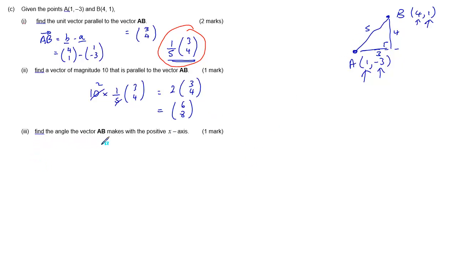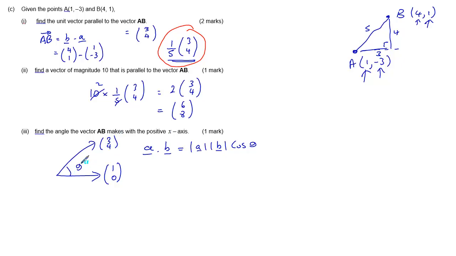Find the angle the vector AB makes with the positive x-axis. Remember, the x-axis goes this way, so is in the direction (1, 0). We know that a dot b is equal to the modulus of a times the modulus of b times the cosine of the angle between the vectors. And we know that AB goes up here, (3, 4).